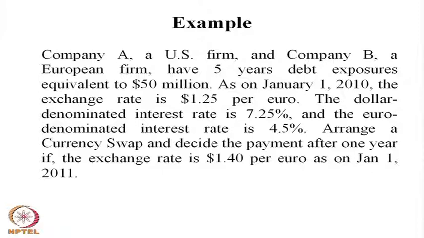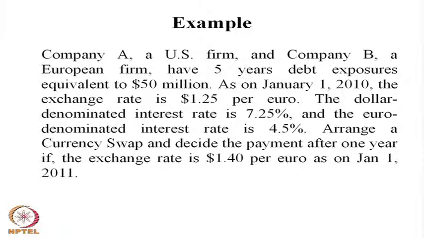As on January 1st, 2010, the exchange rate is $1.25 per euro, the dollar denominated interest rate is 7.25 and the euro denominated interest rate is 4.50. Arrange a currency swap and decide the payment after 1 year if the exchange rate is 1.40 US dollar per euro as on 1st January 2011.